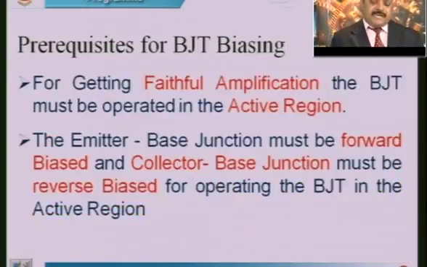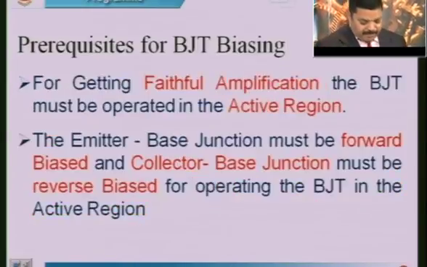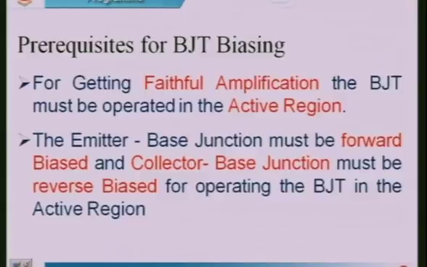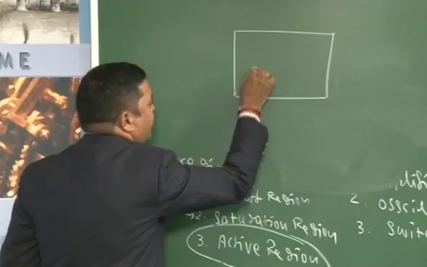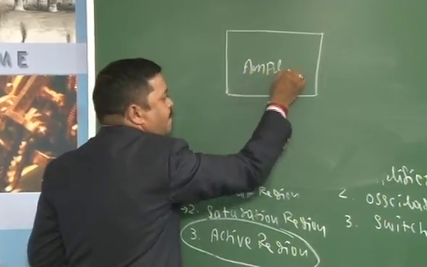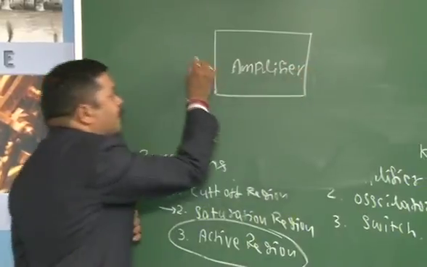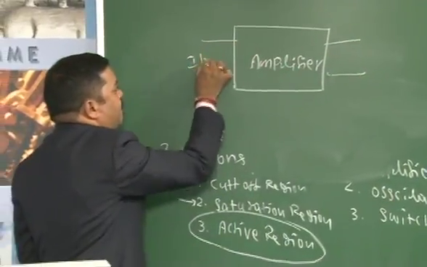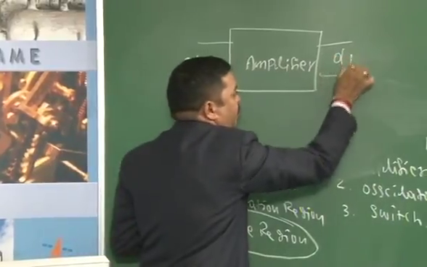Now, for getting faithful amplification, what do you mean by faithful amplification? Let us discuss what is faithful amplification. Suppose we consider this as an amplifier. This is the input and this is the output.